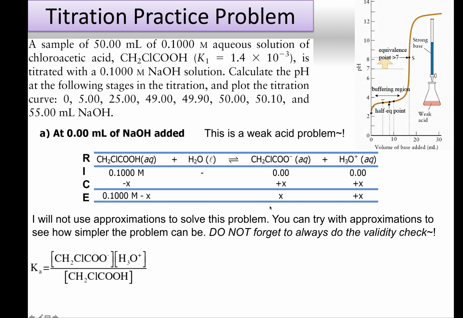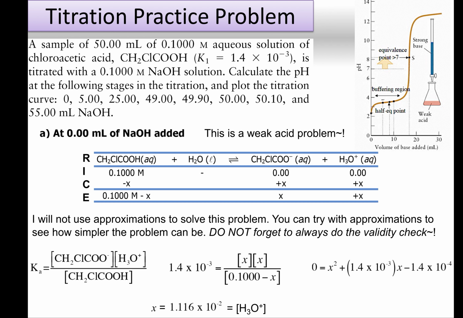First equation, the Ka expression in terms of the concentrations of all these species at equilibrium. We substitute the actual values. The concentrations in this case will come from my RICE table at the equilibrium state. Then I end up having a quadratic equation that if I go and solve, I get this number.